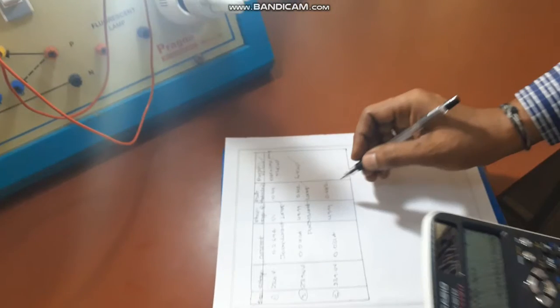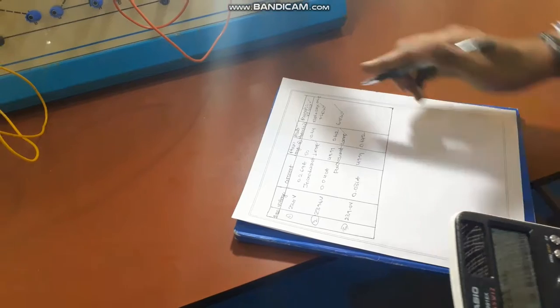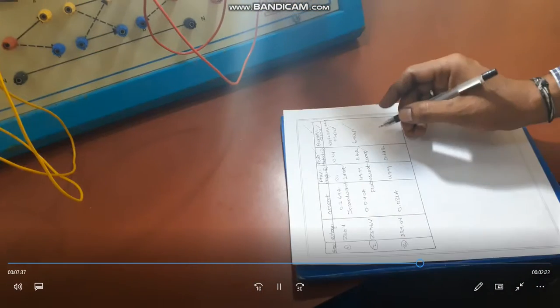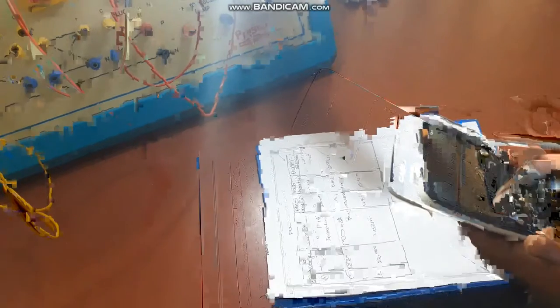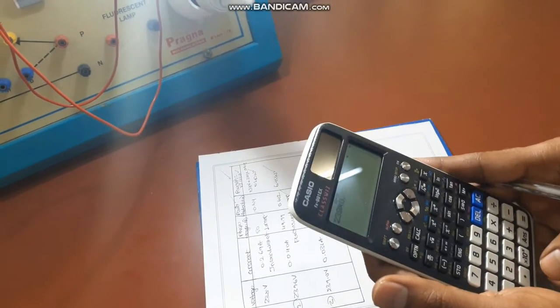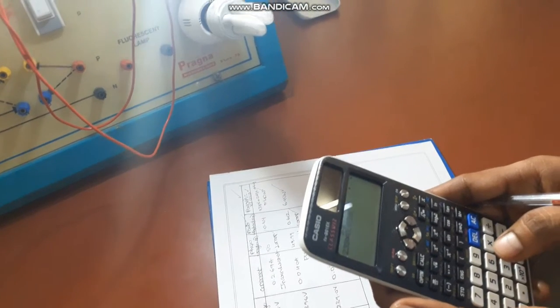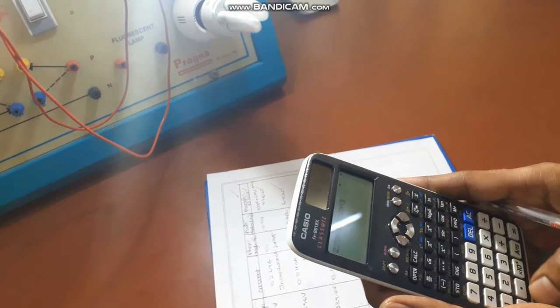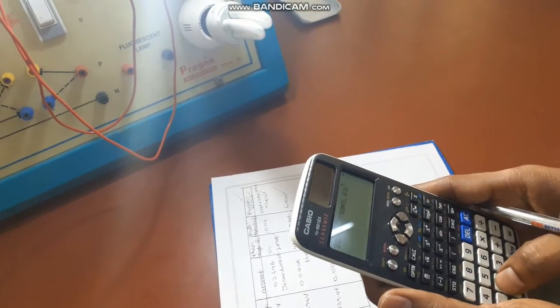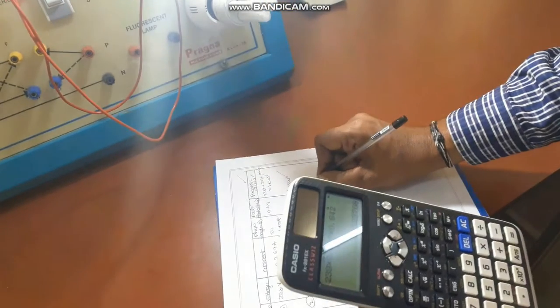We take 0.642 as the power factor. To find the power, I multiply 239 into 0.036, that is voltage into current, into power factor 0.642. Now the power consumed by the LED lamp is 5.5 watts.